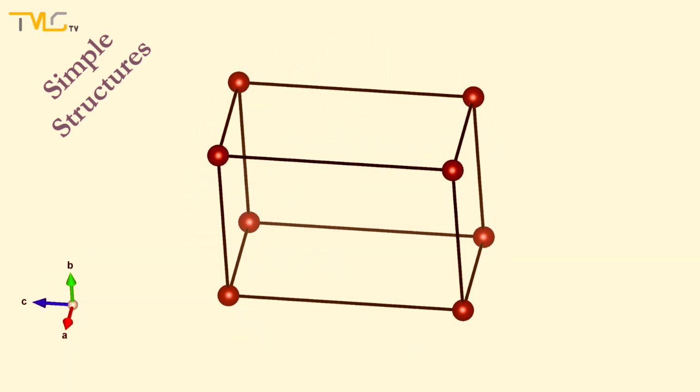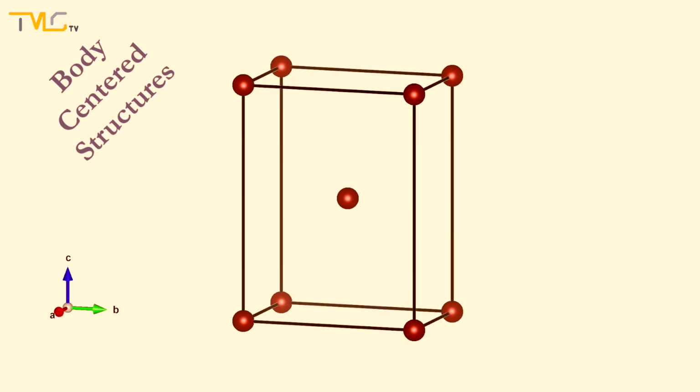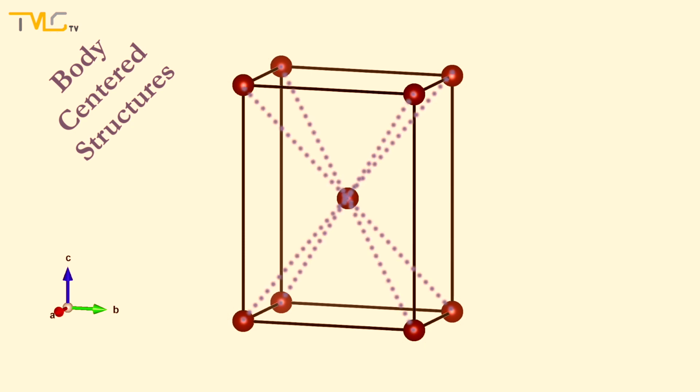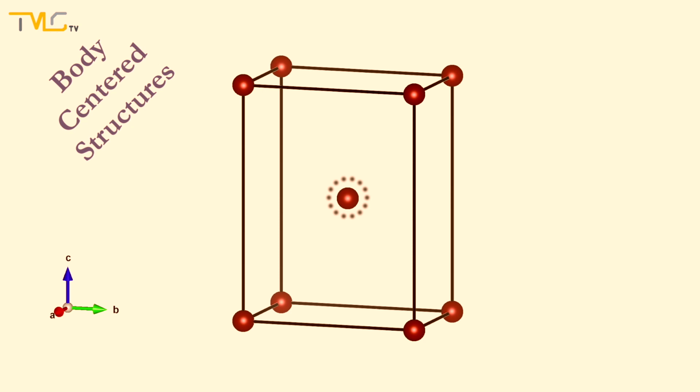The next structure is the body-centered structure. Similar to the simple structures, body-centered structures have 1/8 of each of the 8 atoms at 8 corners, and in addition to them, there is one atom placed in the volumetric center of the cell. The atom in the center is where the body-centered structure name comes from. Let us take a look at the body-centered structure in three-dimensional space.